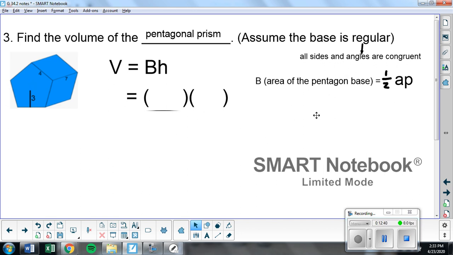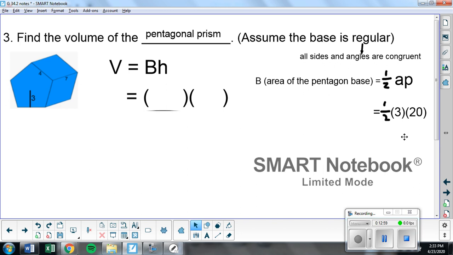My apothem is 3. What's my perimeter? Well, here's my pentagon. I mentioned it's going to be 4, 4, 4, 4, and 4. So 4 times 5 is 20. 1/2 apothem perimeter.